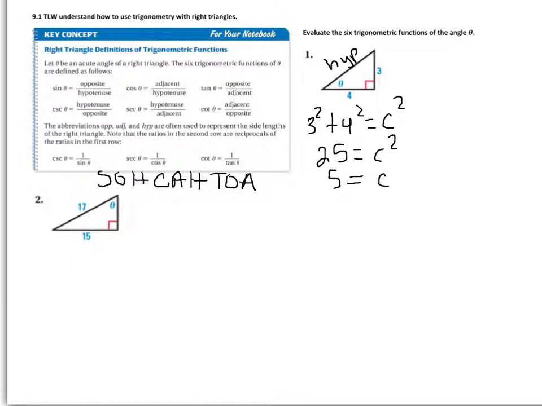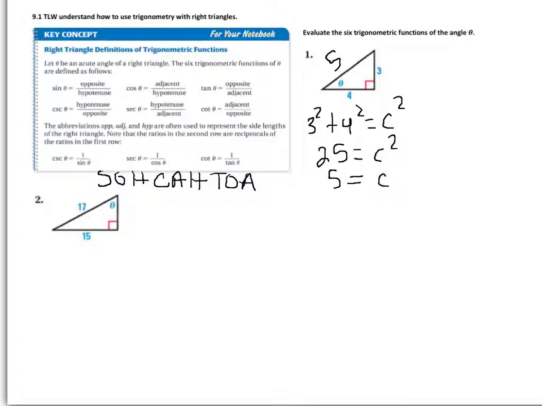So I now know that's 5. So it says evaluate the 6 trig functions. Okay, so what that means is they want to know what is the tangent of theta. Well, we'll just go in the order of SOHCAHTOA.